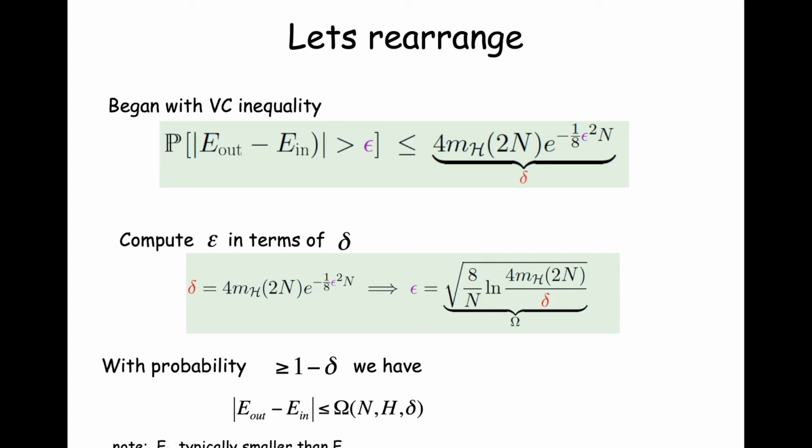So then we looked at the relationship between E out and E in and looked at the complement of this event for bad things happening and developed the expression E out minus E in is at most this complexity term omega that is indexed by the data set size, the hypothesis set, and our delta, this bound.